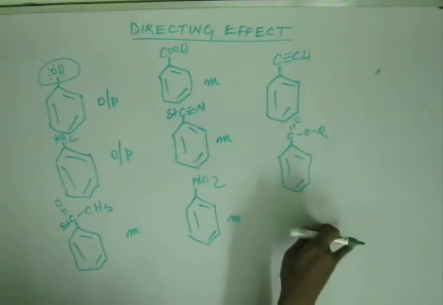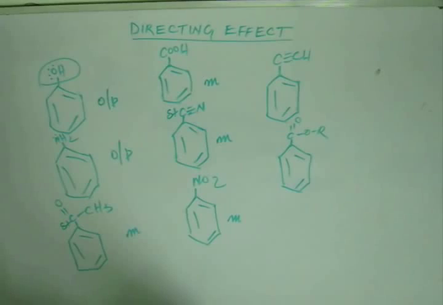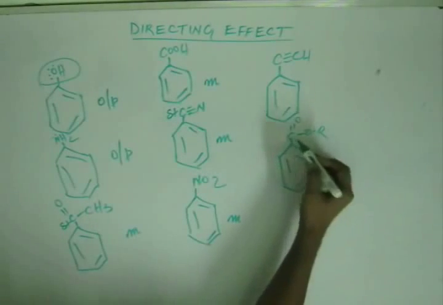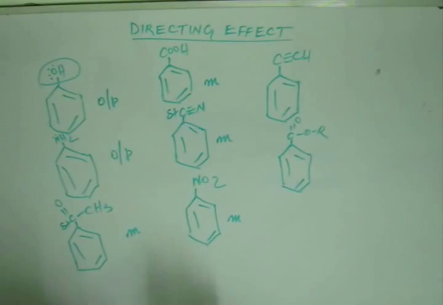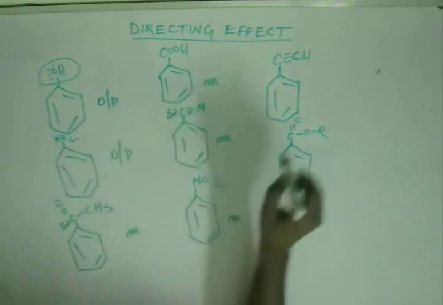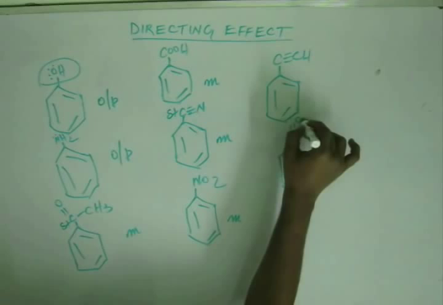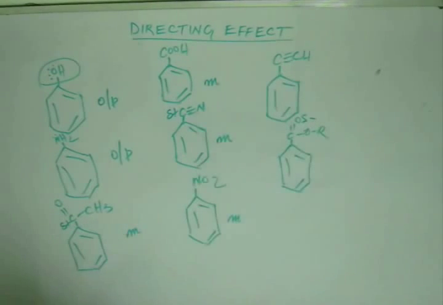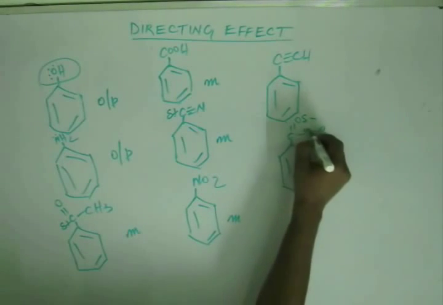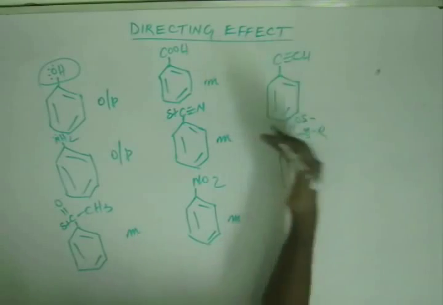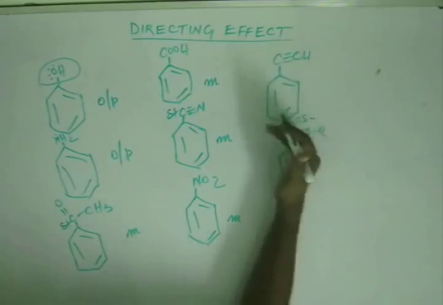If you look at this ester group, again it will be meta directing, because the carbon is again electron deficient. However, the electron deficiency of this carbon is much less than in the case of a ketone or aldehyde, because when the oxygen of the C double bond O pulls away the electron density from carbon, you have an oxygen with a lone pair that gives its electron into the orbital of carbon.